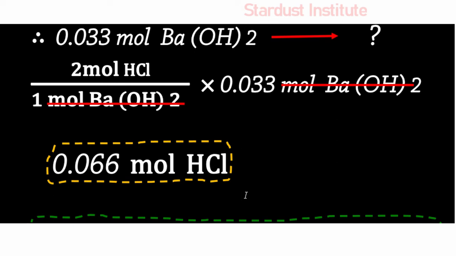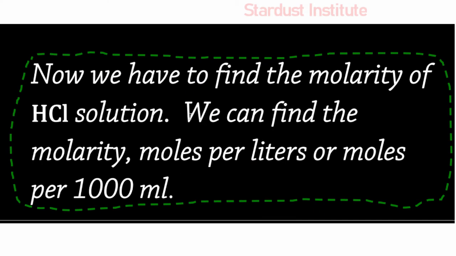Now we want to find in 1000 milliliters of this HCl solution, how many moles of HCl are there? It is molarity. Now we have to find the molarity of the HCl solution.